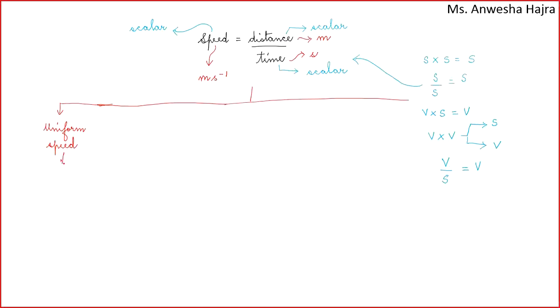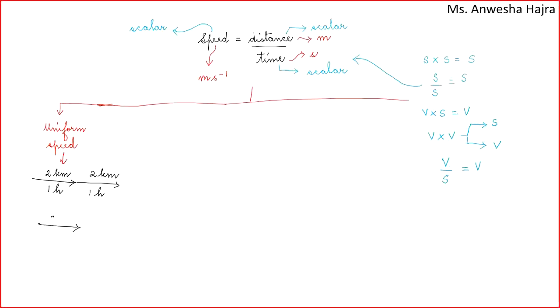Now when you talk about uniform speed, see, a body moves 2 kilometers in 1 hour, again 2 kilometers in 1 hour. This is uniform speed. It might change the direction also.